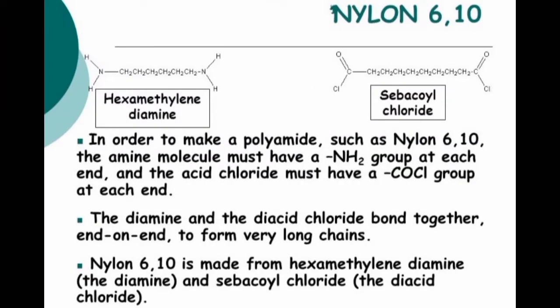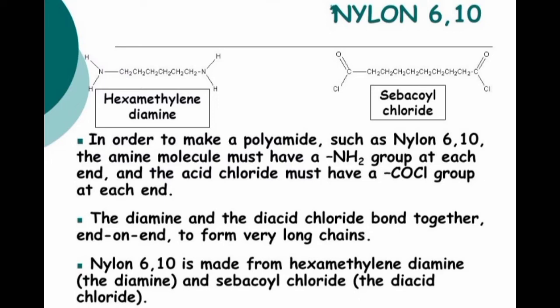Now let us see about the nylon 610. This nylon 610 is formed by the polymerization of two monomers, hexamethylene diamine and sebacoyl chloride. Hexamethylene diamine you already know, and sebacoyl chloride, that means 8 CH2 groups are present, and at both the ends there is a group C double bond O, and that carbonyl carbon is bonded with Cl on both sides.